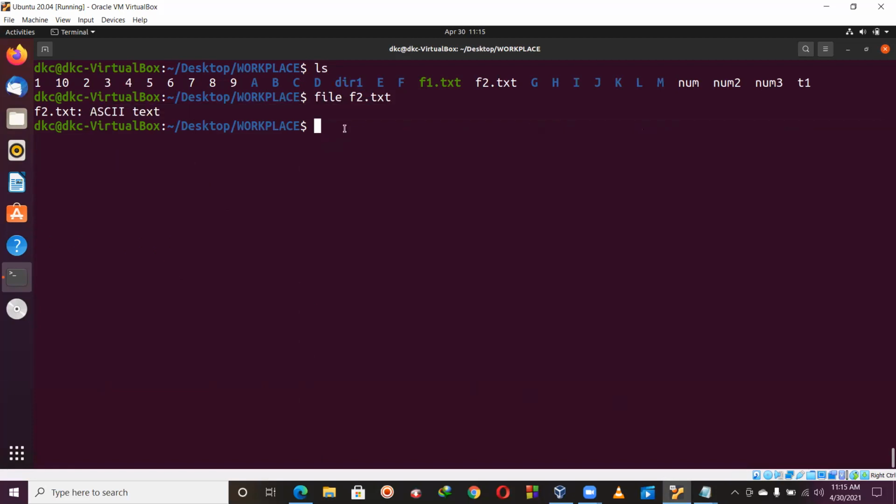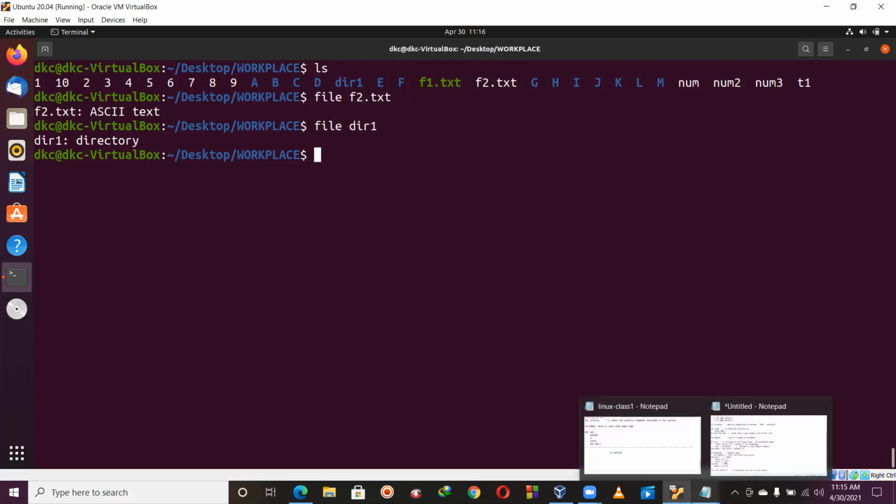Suppose here I am writing file and now giving the directory name, dir1. In this case, it is a directory. Got it, all of you? So you use the file command just to know the basic information about that object, whether it is of ASCII type or a directory. Clear? Okay.